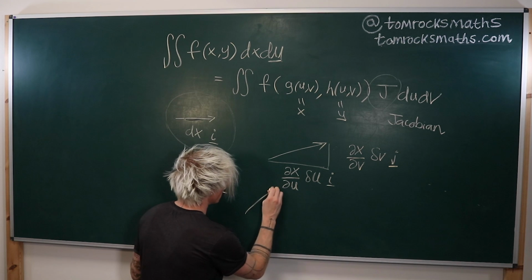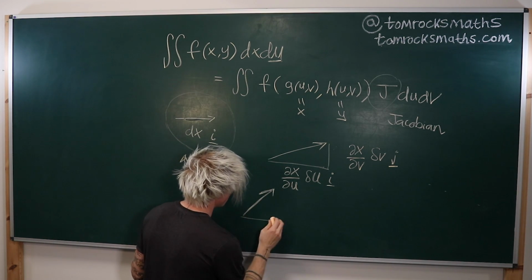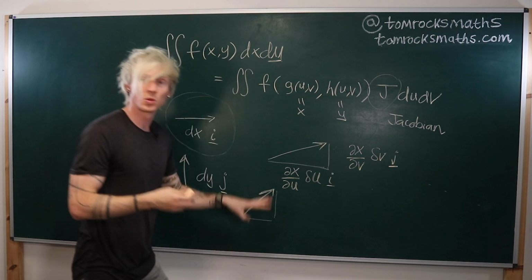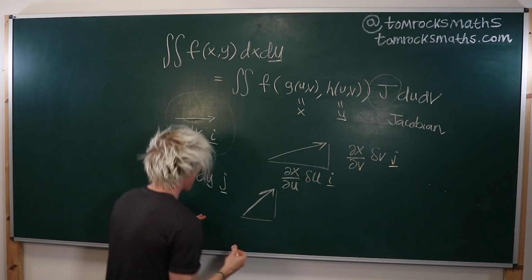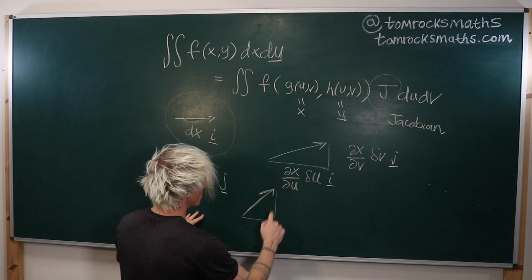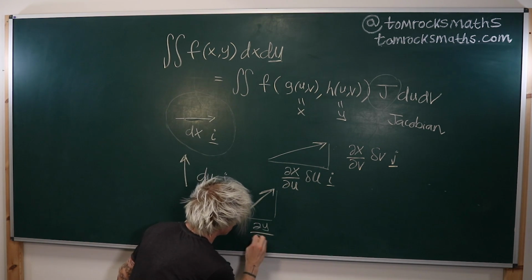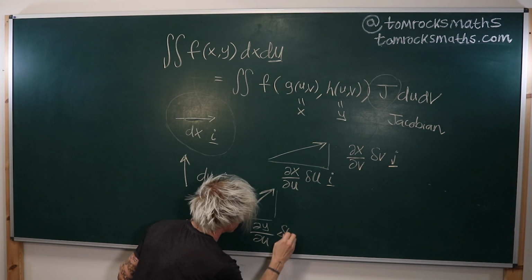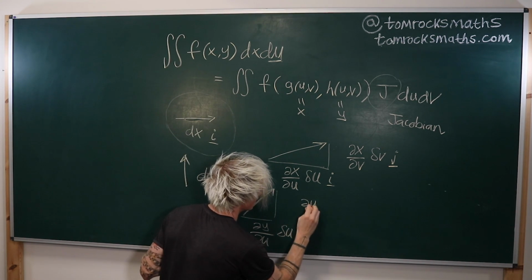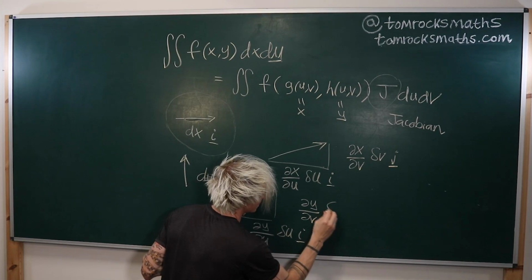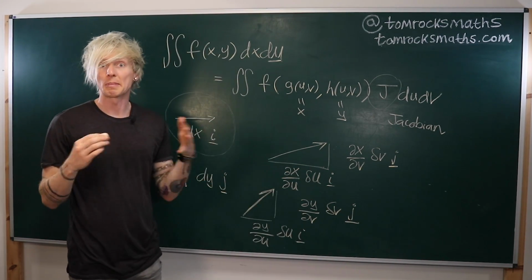Maybe it now has an angle like so. And again, we need to know those two horizontal and vertical components. So just like with x, the horizontal piece is going to be dy by du times delta u in the i component, and then we're going to get dy by dv times delta v in that j component.